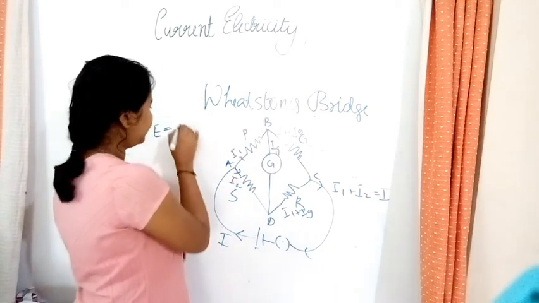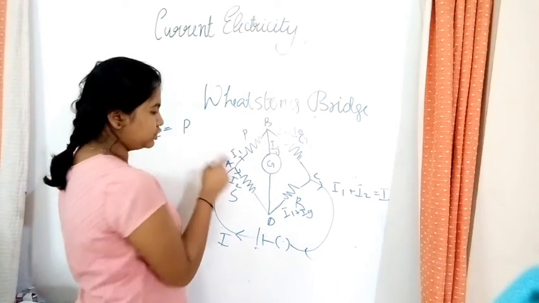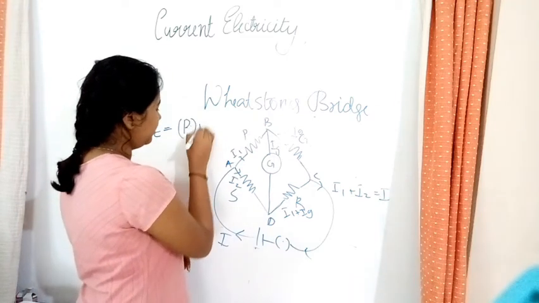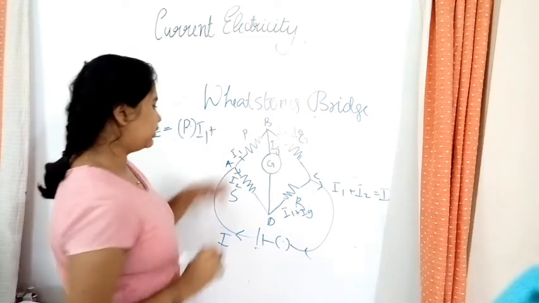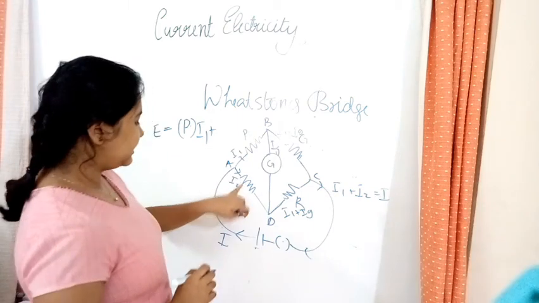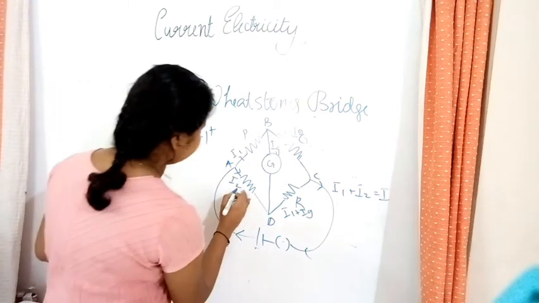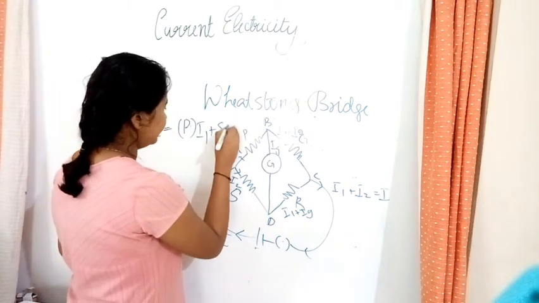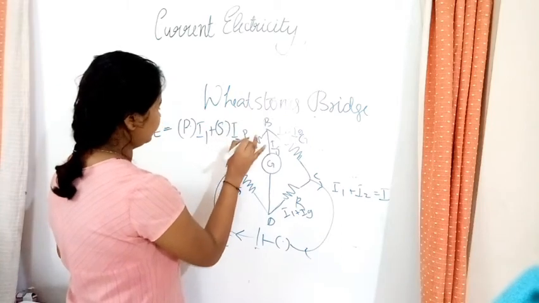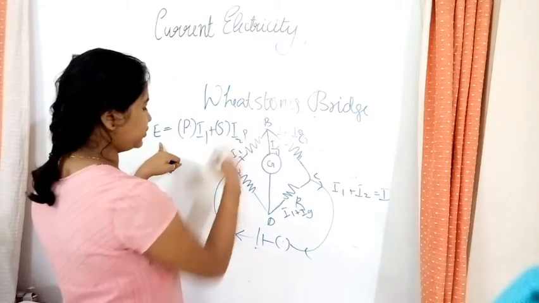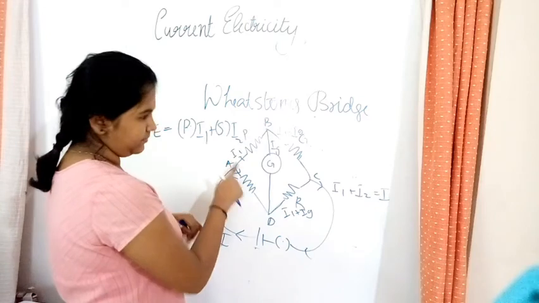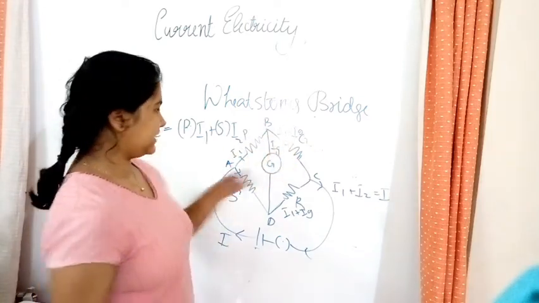The resistance is named P, so P into I1. Plus, what is the next resistance? That is S. S into I2. That is the EMF of A, B, D, A.